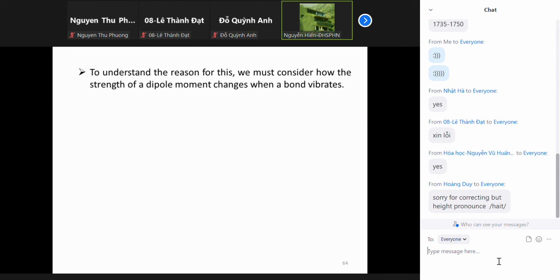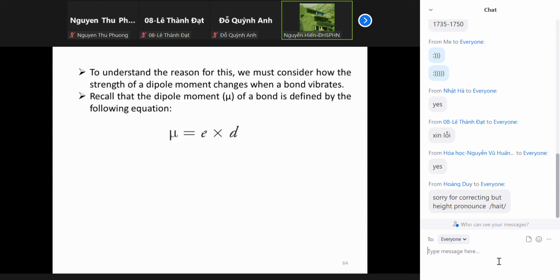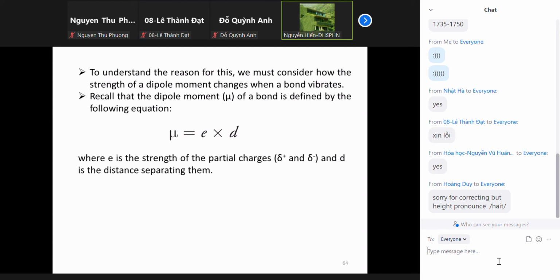So to understand why there is this difference, we must consider how the strength of a dipole moment changes when a bond vibrates. If you remember from organic chemistry 1, the dipole moment is the property of a bond, and it is defined by the charge multiplied by distance. The letter E in this case is the strength of the partial charges, delta plus or delta minus, and D is the distance between these two charges.